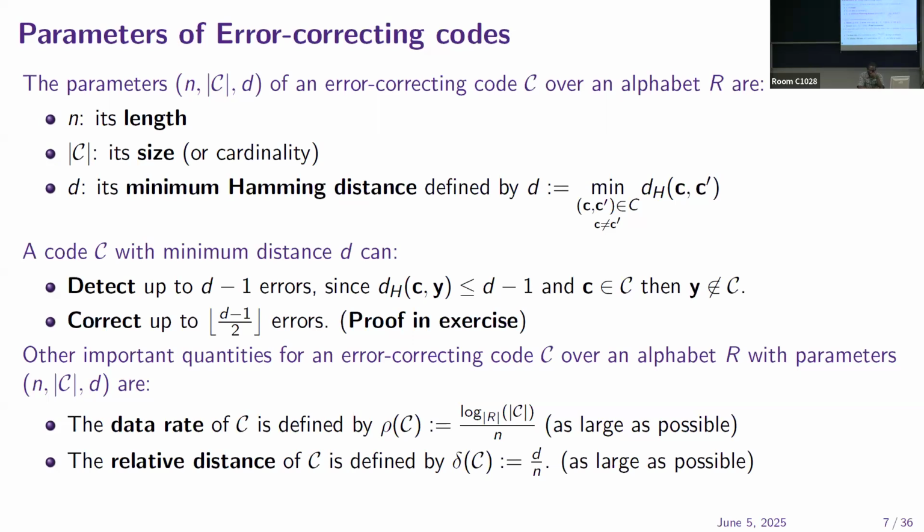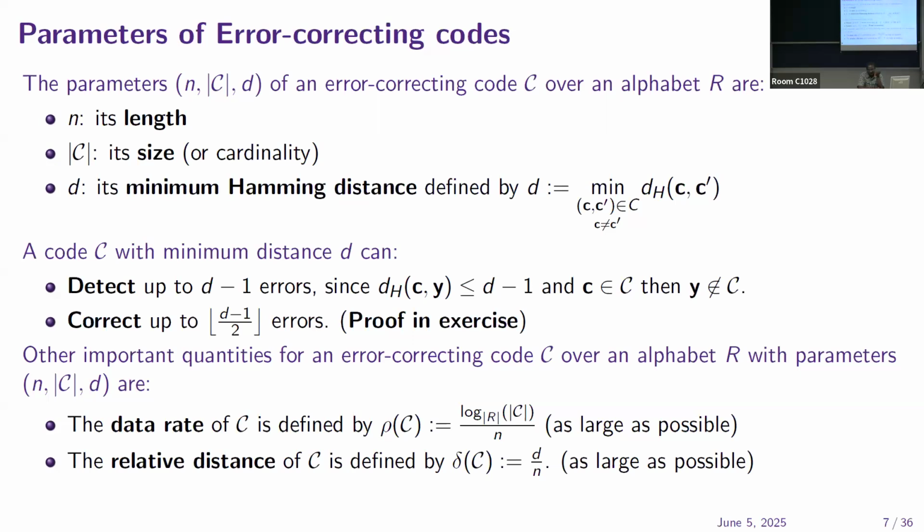Other important quantities for an error correcting code C over an alphabet A with parameters n, that is the length, cardinality, that is the number of elements of the code, and D, the minimum distance of the code.